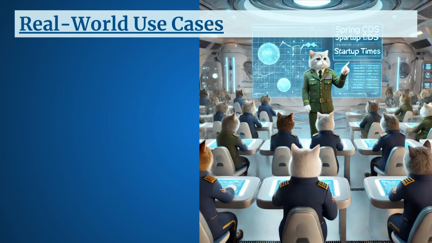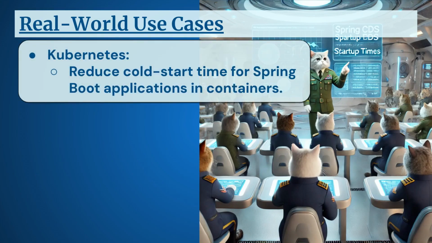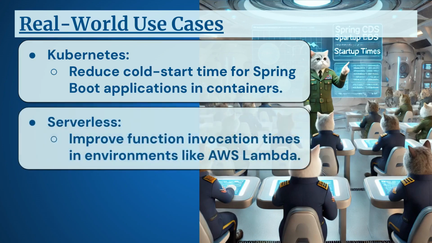In real-world use cases, we can use CDS for Kubernetes. So if we are using pods, we can potentially reduce the cold startup time for Spring Boot applications in containers. Given that Spring Boot applications can start faster with CDS, that also means that they are good candidates to use in serverless.